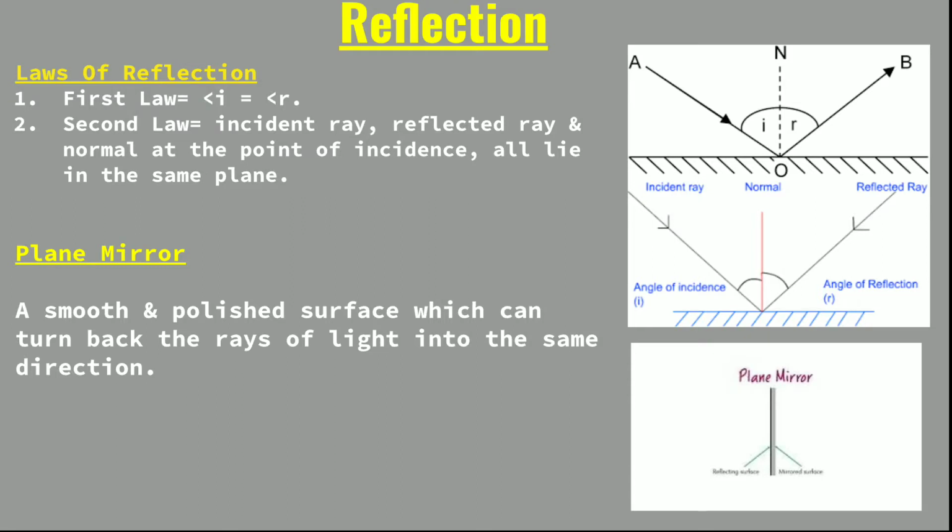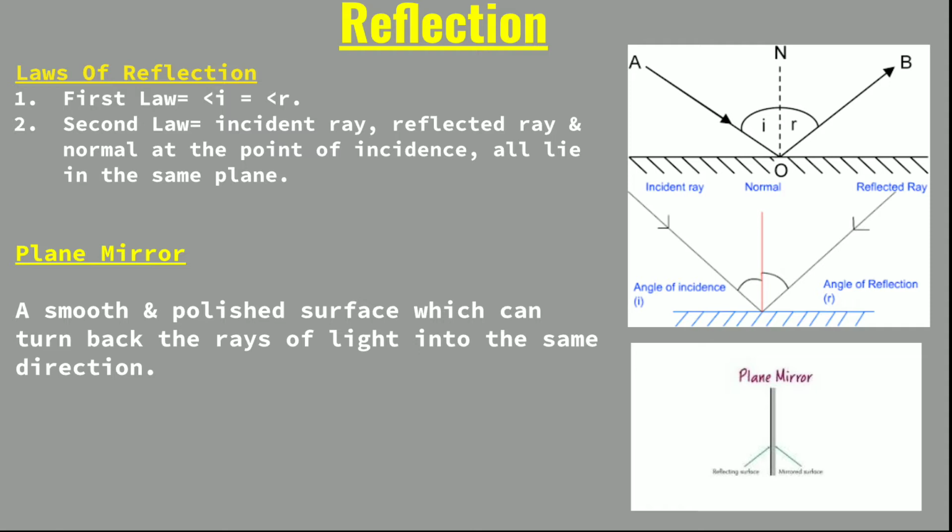Now there are two laws of reflection we have studied. The first law is that angle i is equal to angle r, that is, the angle of incidence is equal to the angle of reflection. And the second law is that the incident ray, the reflected ray and the normal at the point of incidence all lie in the same plane.